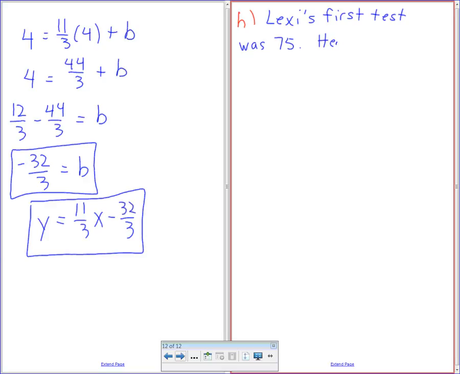Her third test was 83. Model this with an equation and predict her mark on her sixth test.